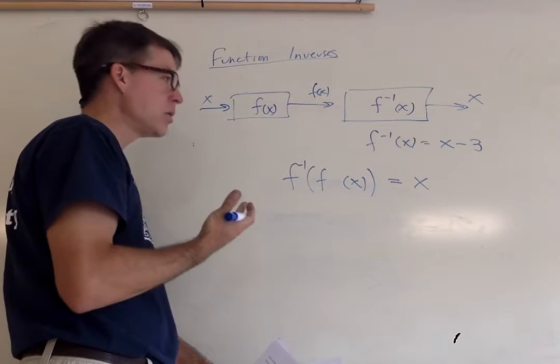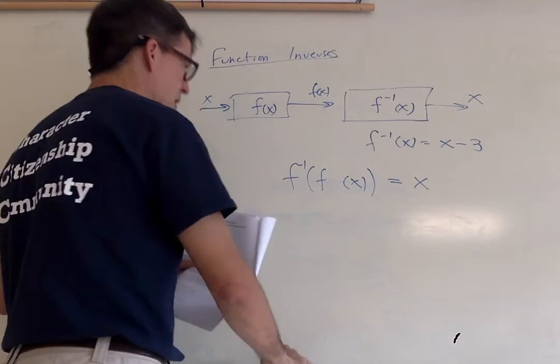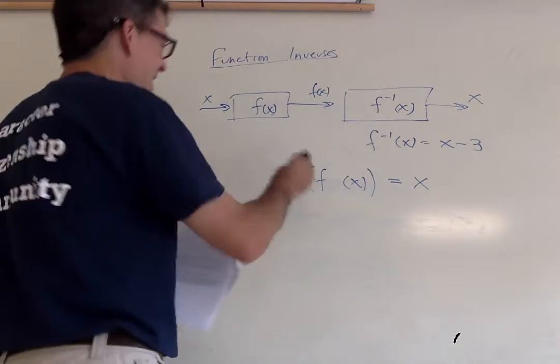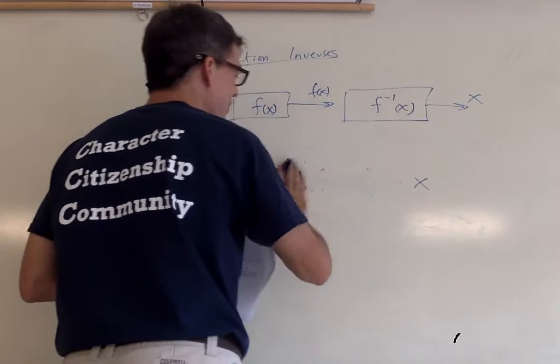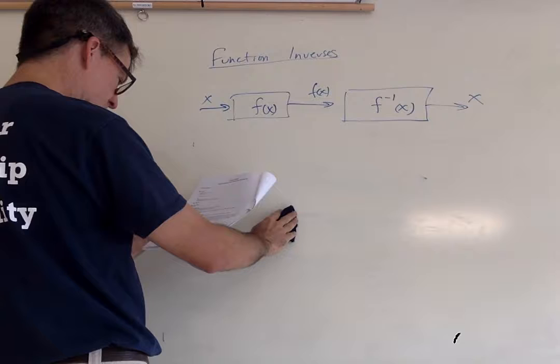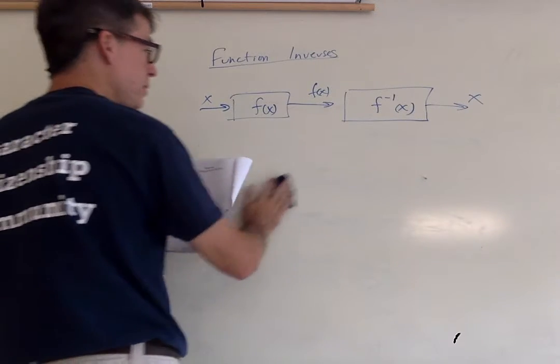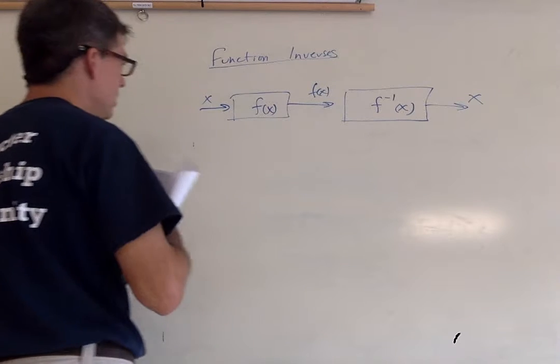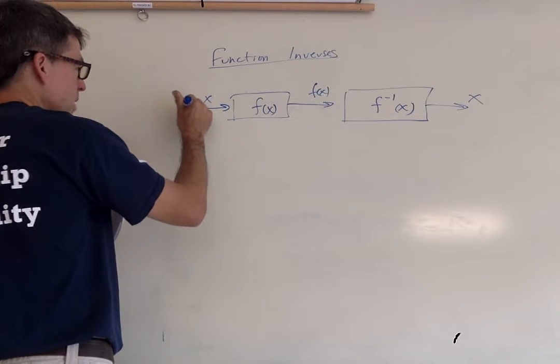So as far as notes go for these, this is really silly. I guess write down what I'm about to say. Inverses. I really think this is it. That's what's happening.